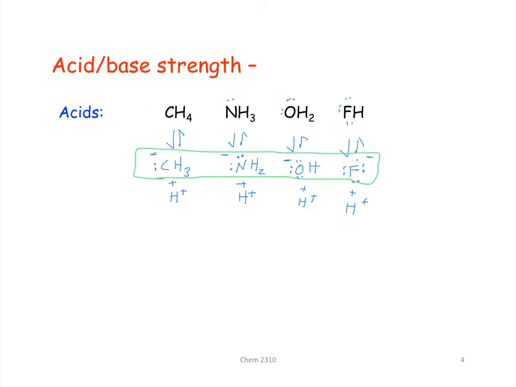So what is it about those atoms which would influence their ability to hold the minus charge? The important thing here is the electronegativity. Is that going to increase going from left to right or right to left? Remember, electronegativity increases as we go to the right, and it increases as we go up as well. So electronegativity is increasing going this way.